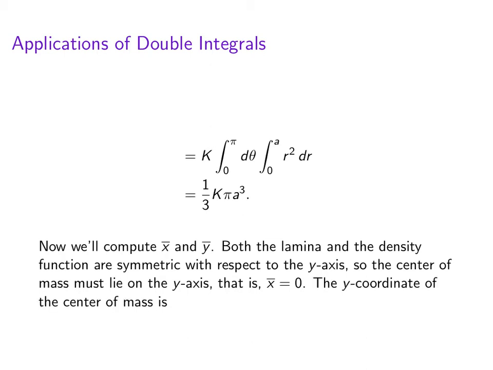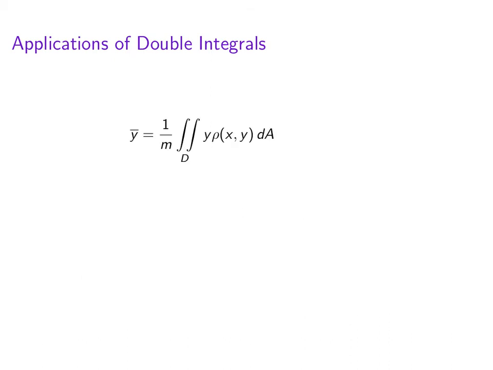Now let's compute the y-coordinate of the center of mass. According to the formula, y bar is 1 over m times the double integral of y times rho. All right, the limits of integration are the same. Out in front, we've got 3 over k pi a cubed.